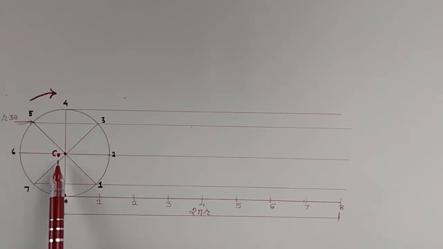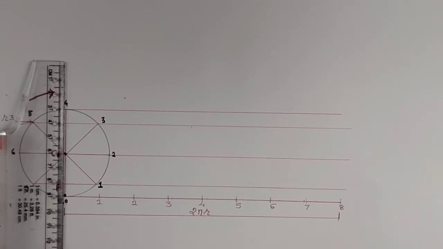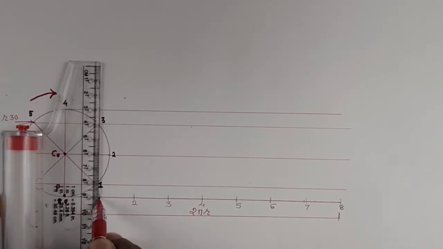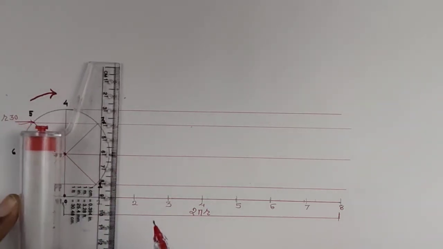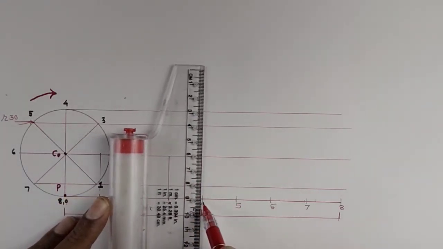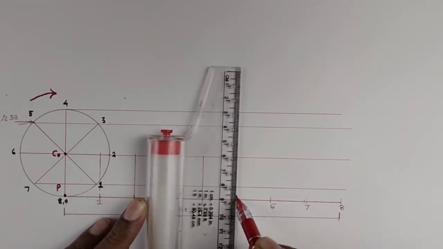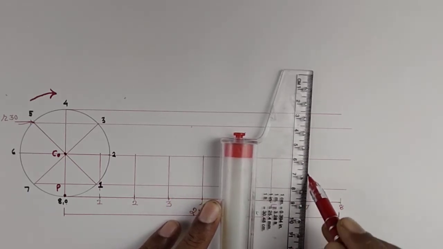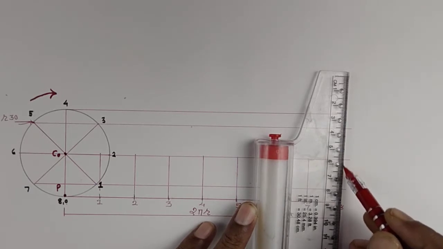Now it is your first center, initial center C0 at the initial condition of the rolling circle. Now for 8 different positions, first we collect all the centers. So for that we draw the vertical line from the 1 point, second position, third position, fourth, fifth, sixth, seventh and eighth.